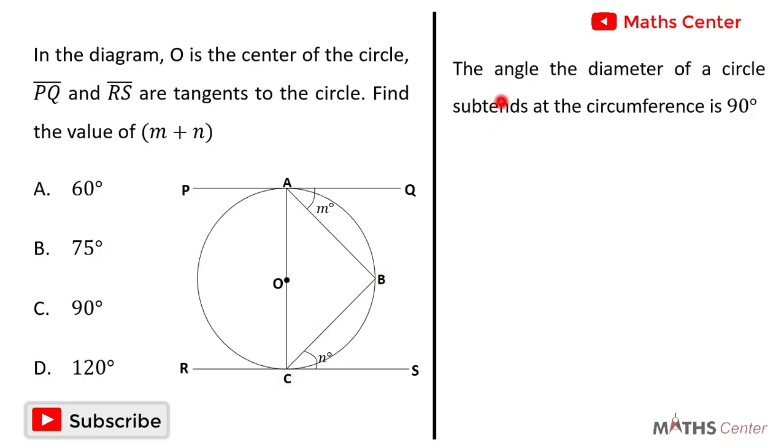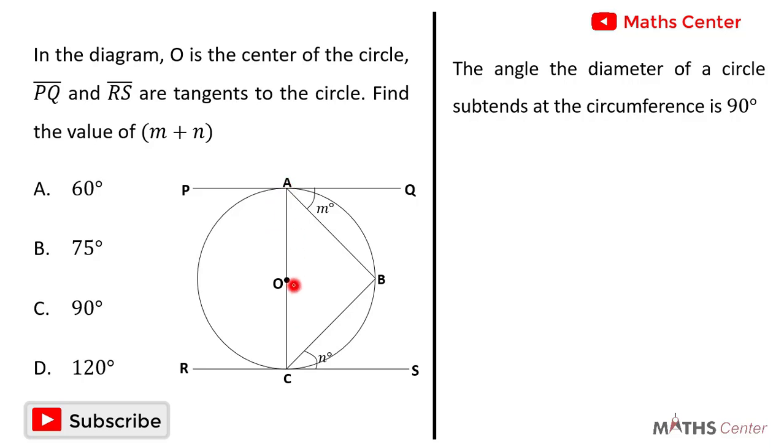One of the theorems of a circle is that the angle the diameter of a circle subtends at the circumference is 90 degrees. In this diagram, the question tells us that O is the center and AC passes through the center and touches both ends of the circumference.